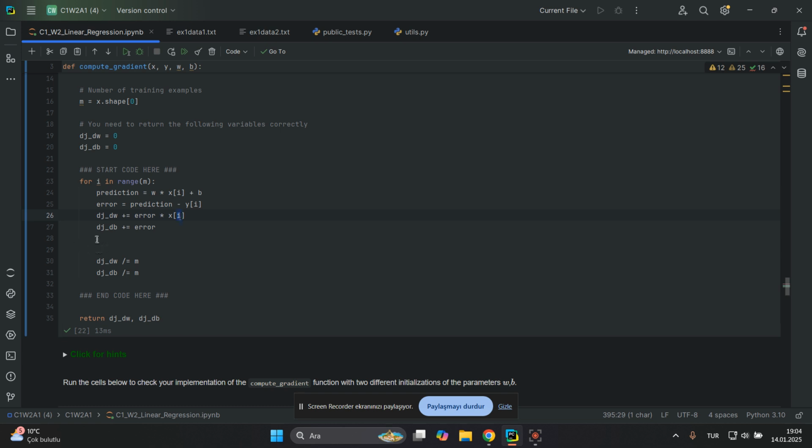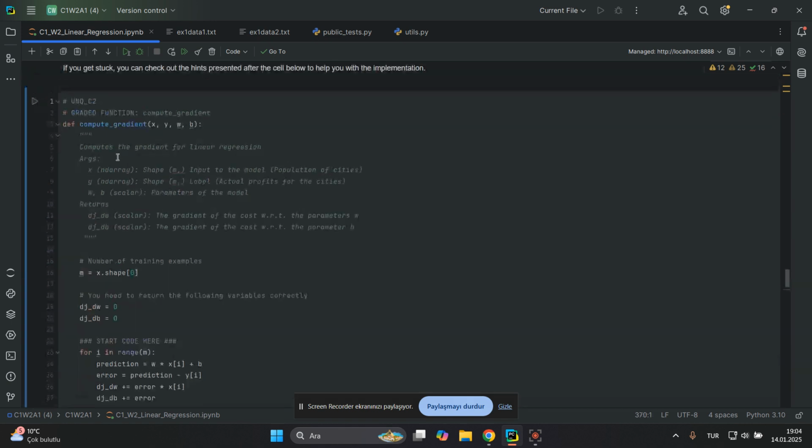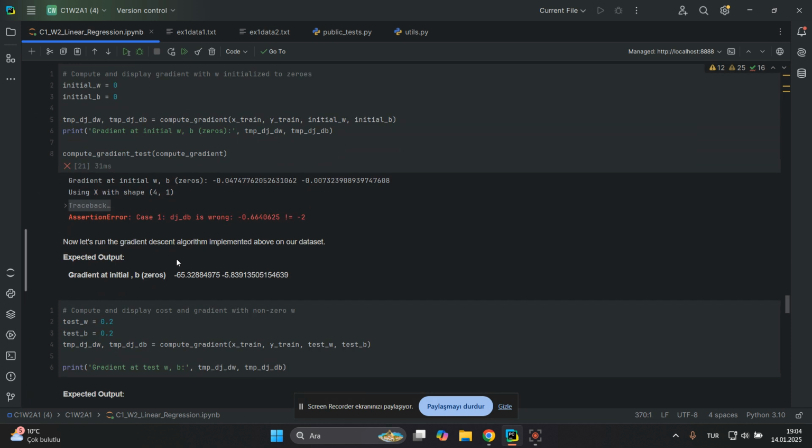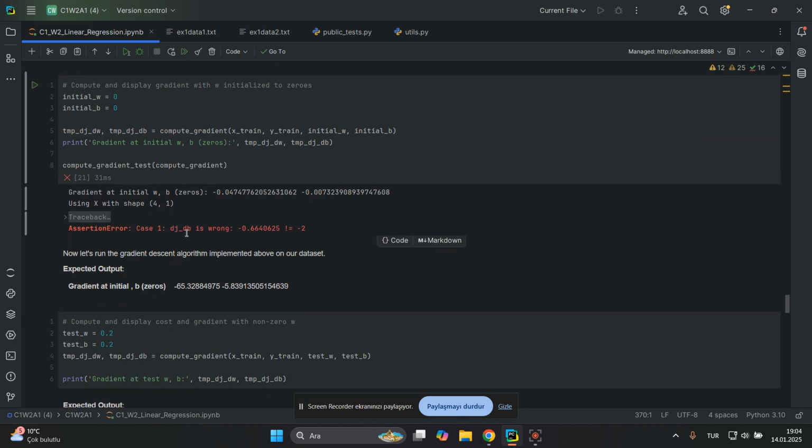I think there is no error, but when I run this, I am getting an error.